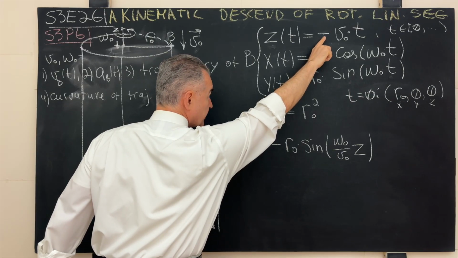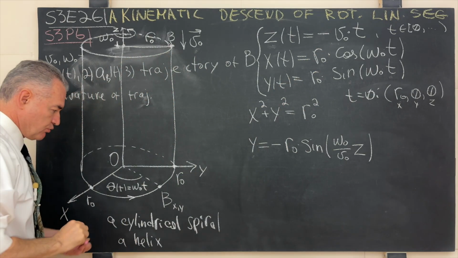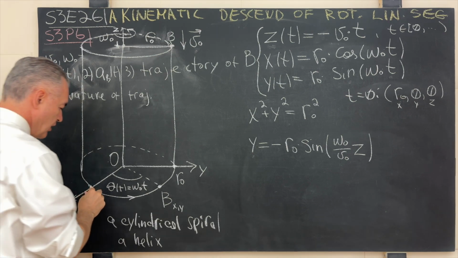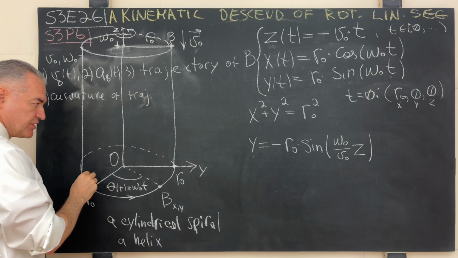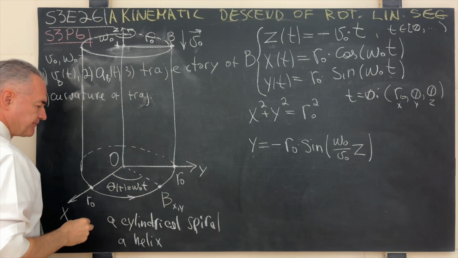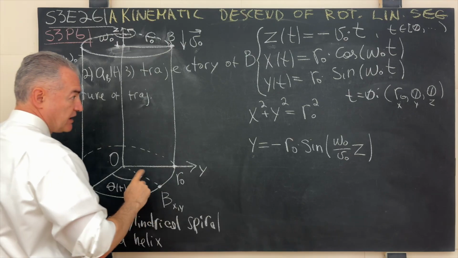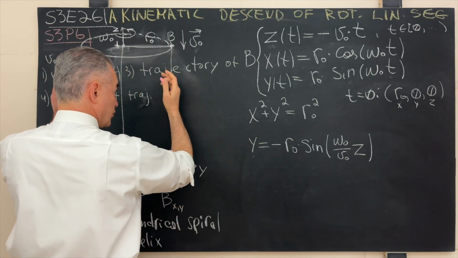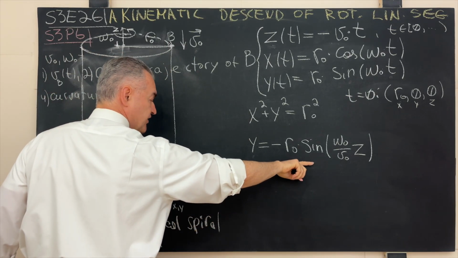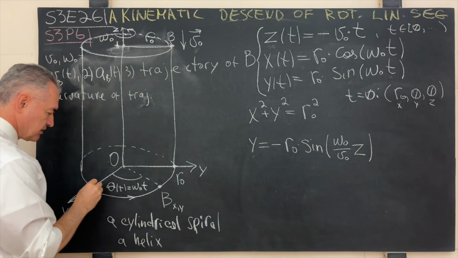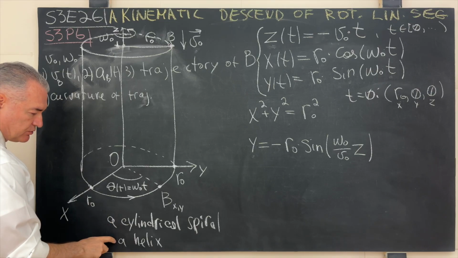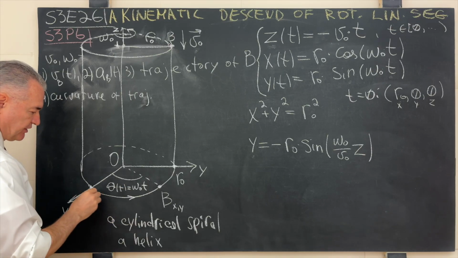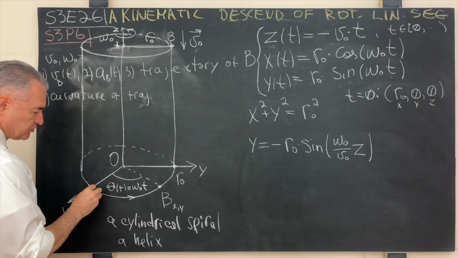If we put a plus sign over here, then our point, since I have more room over here, will climb or wind its way over the generating right circular cylinder in such a way that, again, the intersection of this right circular cylinder and this wavy cylindrical surface will produce exactly the curve that is known as a cylindrical spiral or a helix. And there is an entire family of such curves, but it will look roughly, let's say, as follows.